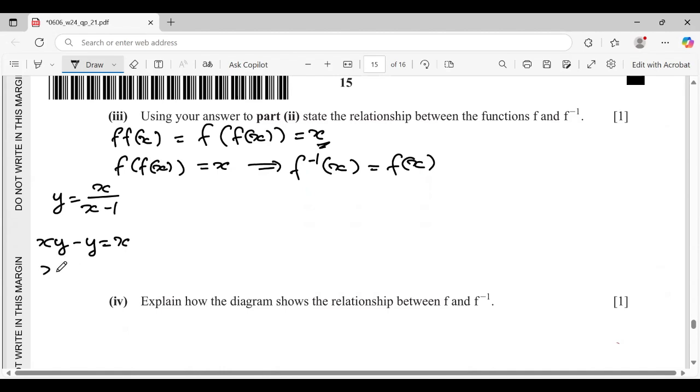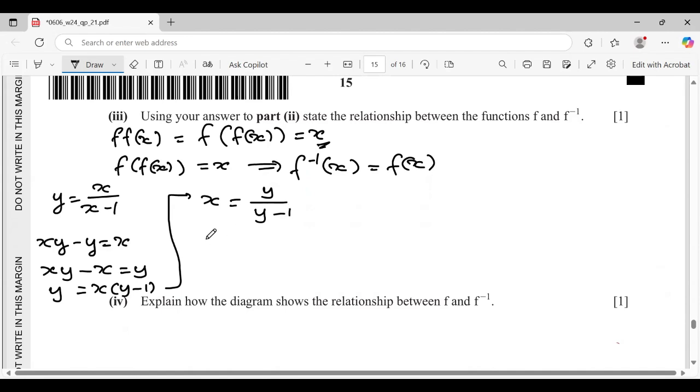So xy minus x equals y, and factorizing, x(y minus 1) equals y. So x equals y over y minus 1.